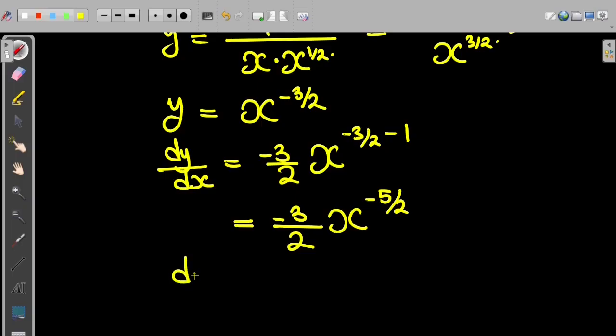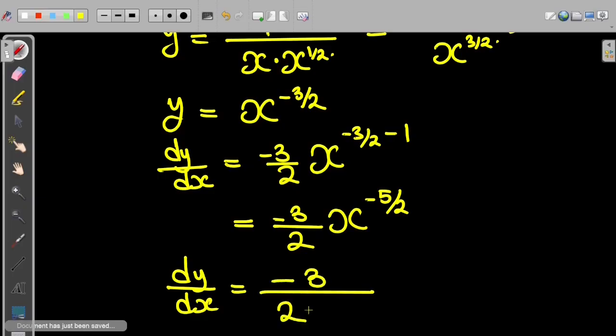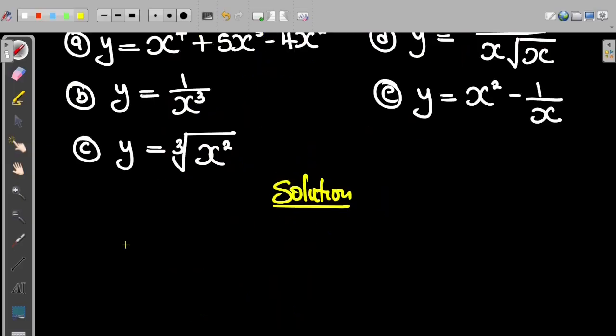So dy over dx will be equal to minus 3 divided by 2 multiplied by x to the power of 5 divided by 2.